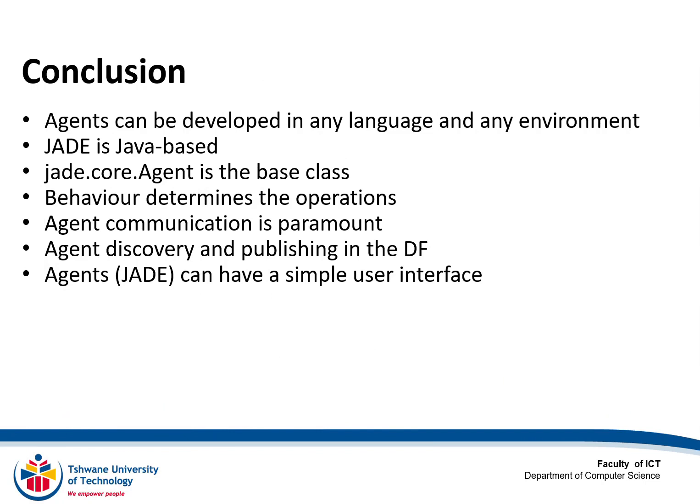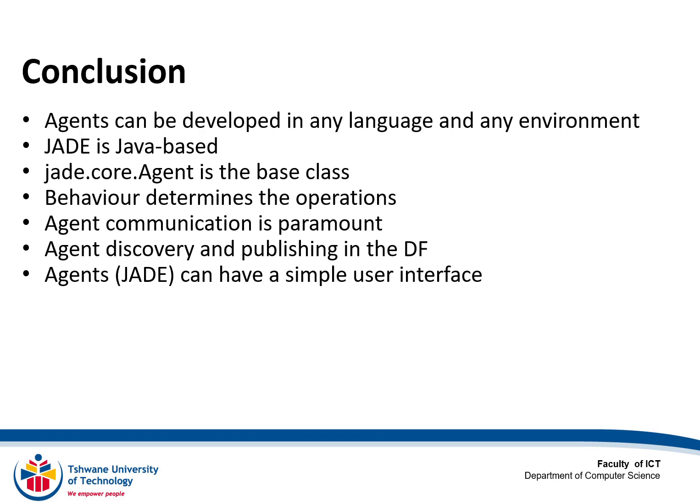By way of conclusion, we've seen that agents can be developed in any programming language, really. For the purpose of Jade, we've seen that we mostly rely on Java, so we know that Jade is Java based. The jade.core package contains some of the base classes required to run the agents in the first place. The behavior is important as it determines the kind of operations that one would want to execute.